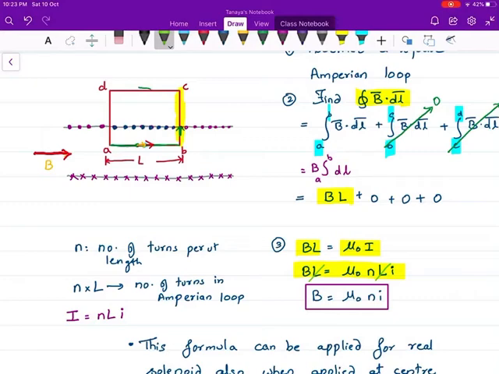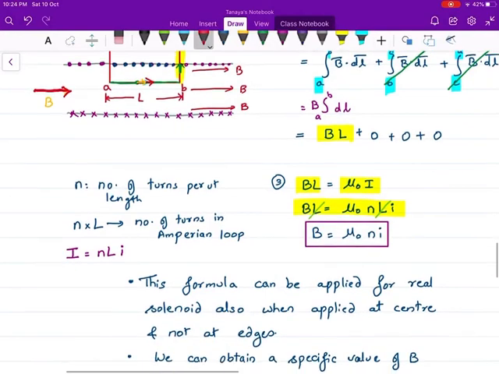So what does that mean? Again, it proves that throughout the solenoid, the magnetic field value is the same. Whether you are taking the magnetic field closer to this or at the center or at the edge over here, everywhere the magnetic field has the same value. This implies the magnetic field is uniform inside a solenoid.